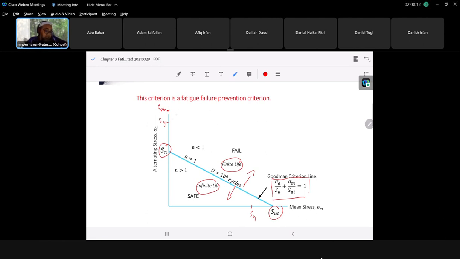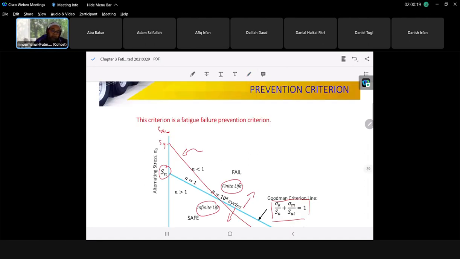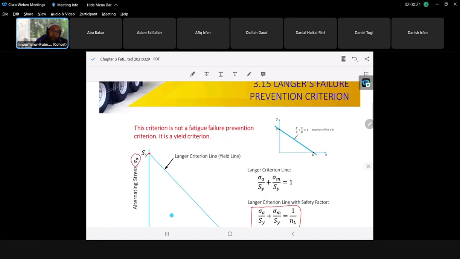So this is Langer. If you see Langer, it's not fatigue failure prevention, but this is the yield, which means before it is in the plastic condition.